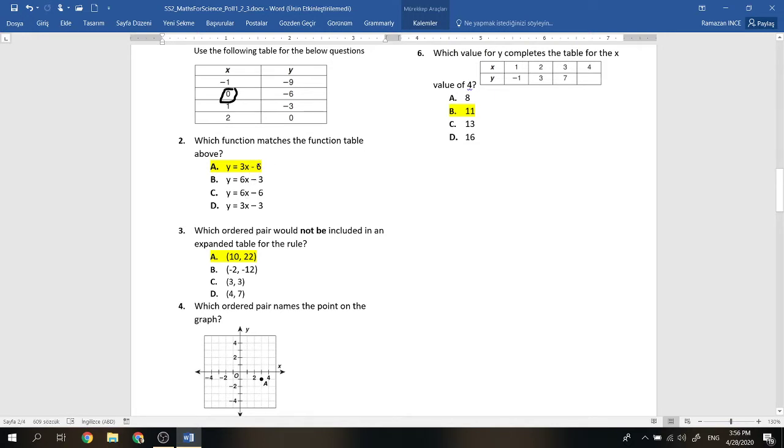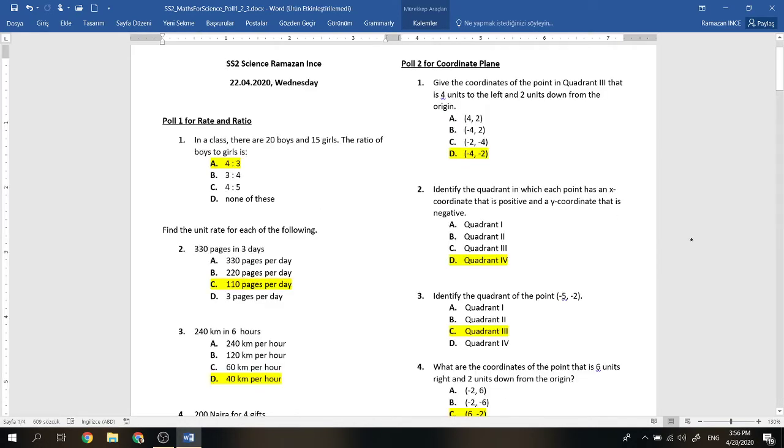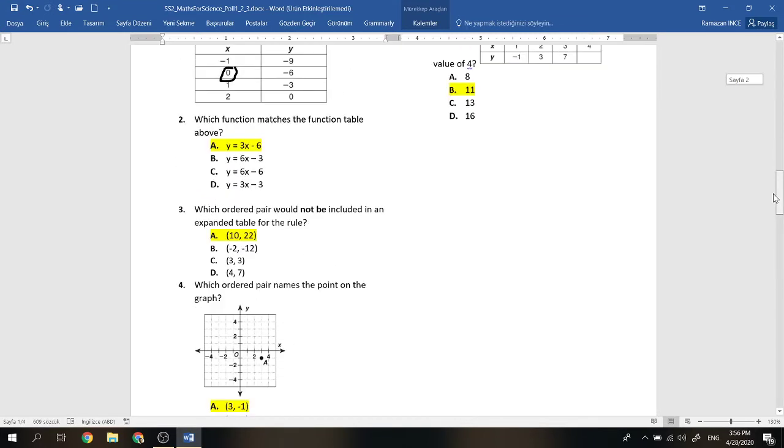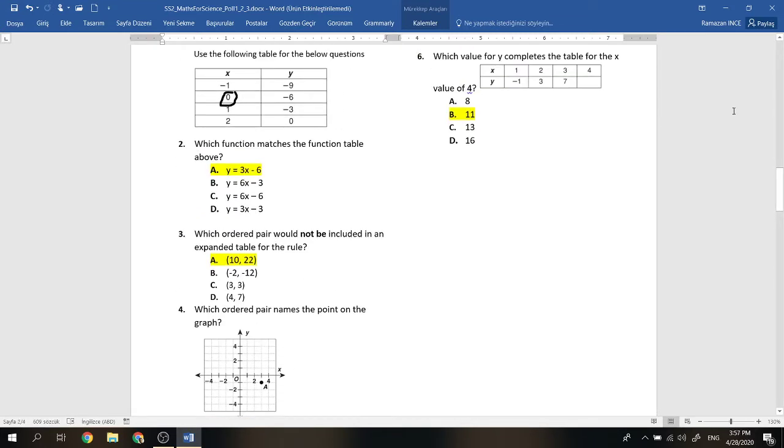When we put 0 as the first option, 3 times 0 will be nothing, then minus 6. Then here will be minus 3, here will be minus 6, and here will be minus 3. For the 0, the result should be minus 6. Our result is minus 6, meaning option A or option C can be the answer.